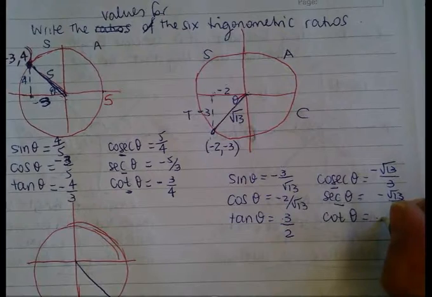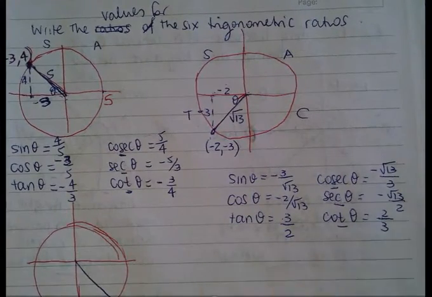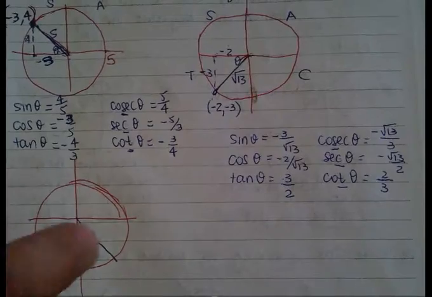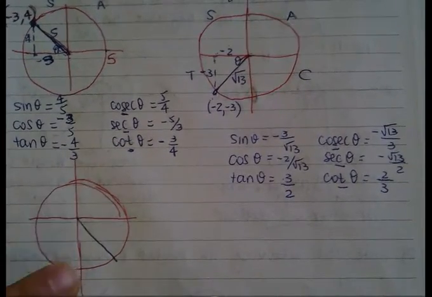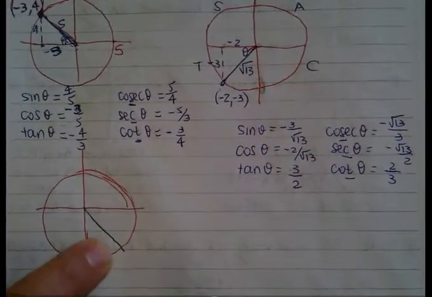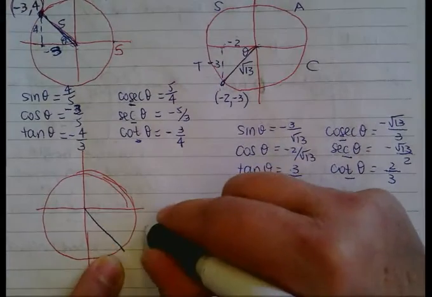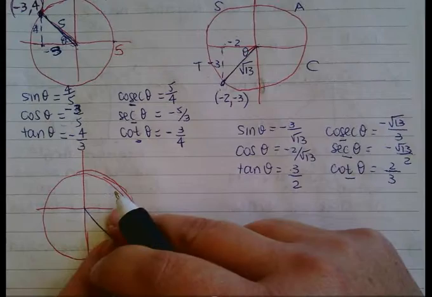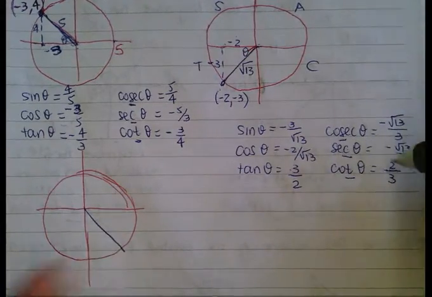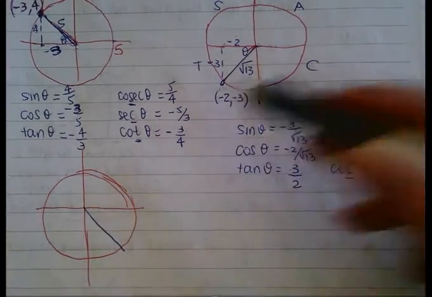And cot is positive, 2/3, positive. Because tan is positive, so is cot. Okay? And if I did a quadrant 4 or a quadrant 1, which would be the only ratio positive here? All stations to central. So only cos and sec. And quadrant 1, they're all positive.